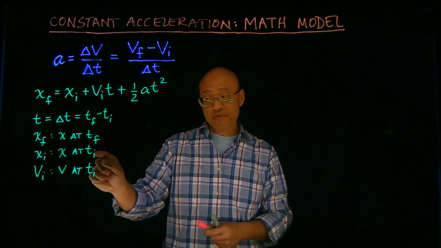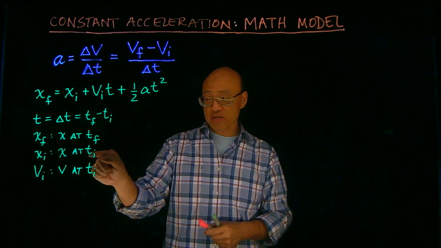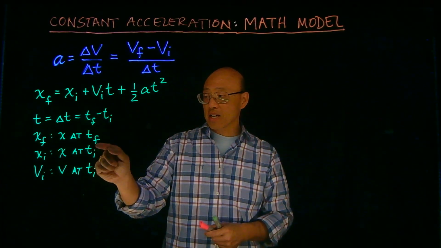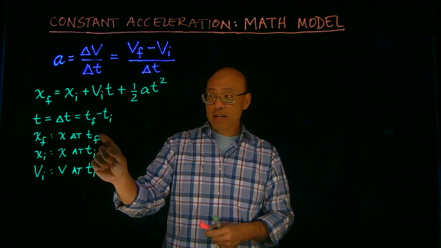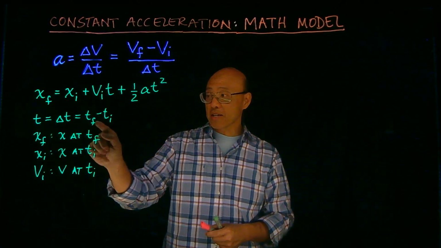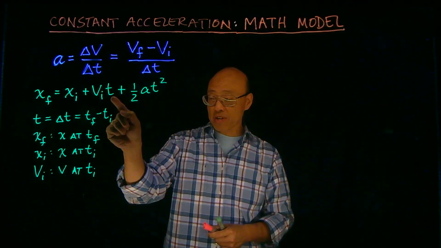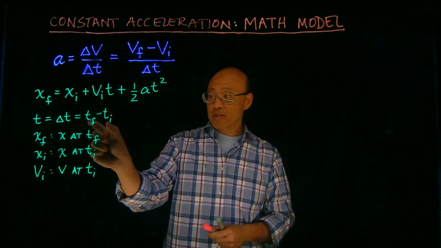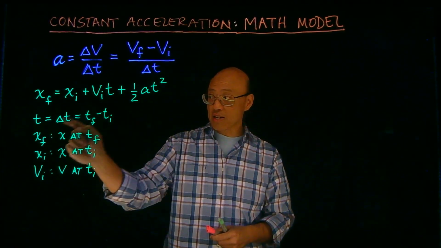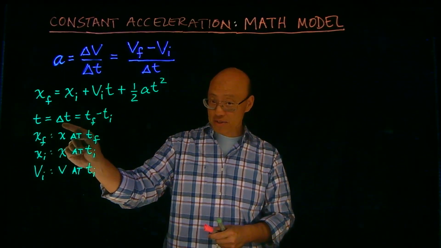So if you have t sub f and t sub i, in other words, if this is non-zero, then you're always plugging in, you've got to look at that time interval. You've got to take the interval between these two and plug that in for t, because t is delta t.